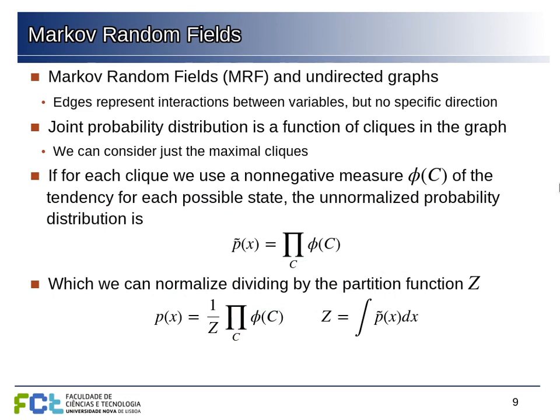Now, if we use for each clique some non-negative measure of the tendency to be in each particular state, so there is a function depending on the state that gives us how propense those groups of variables are to be in that state or not, then we have this unnormalized probability distribution. There are no negative values.